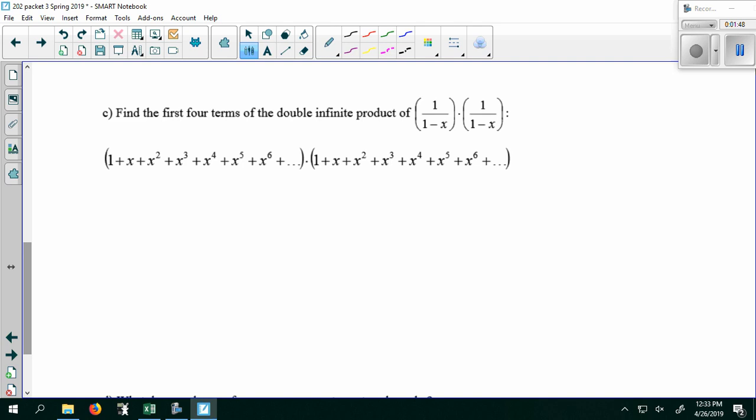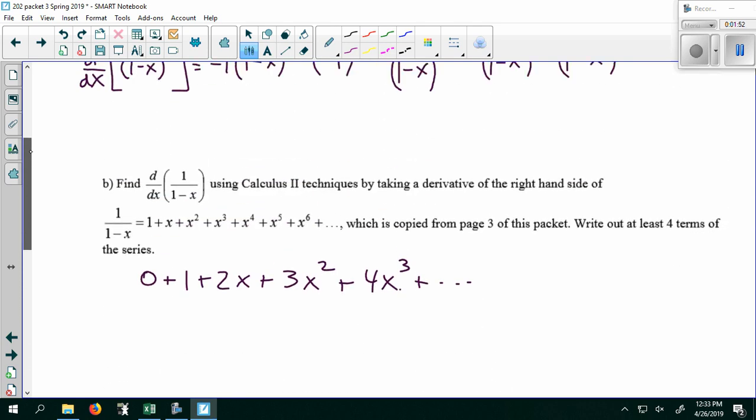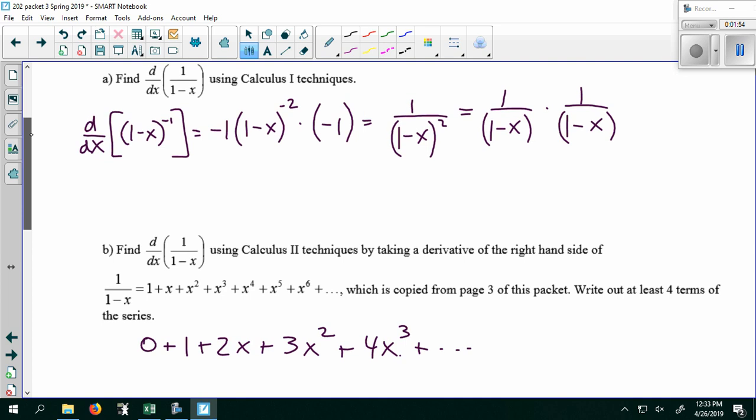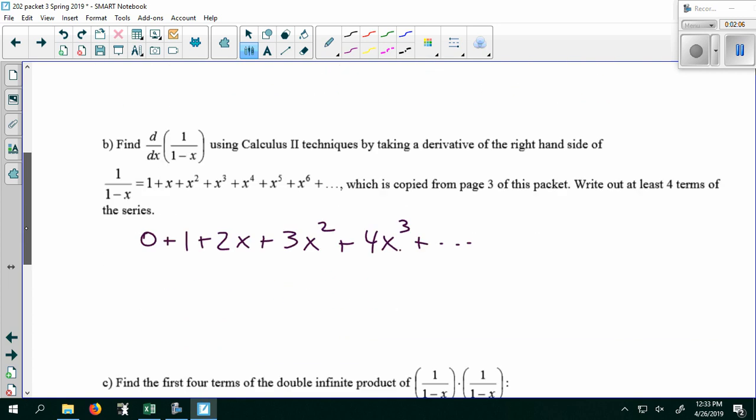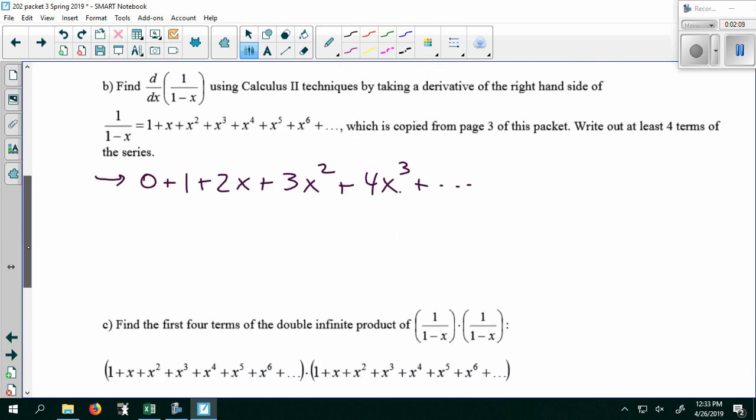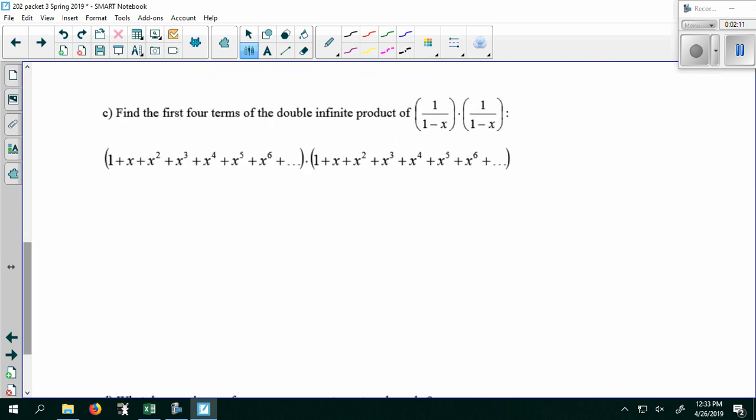Now, I want to confirm that these two ways of calculating the derivative give you the same answer, right? So I have d dx of 1 minus x to the negative 1 is the product of 1 over 1 minus x times 1 over 1 minus x. And I want to show that the series for that is the same as this series. So 1 over 1 minus x times 1 over 1 minus x, I'm writing out the series of 1 over 1 minus x twice.